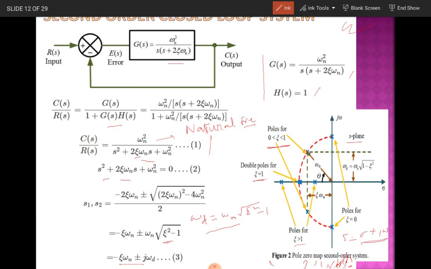Based on this value, we can make the system response slow or fast, and even reduce the oscillations by controlling the value of the damping factor.